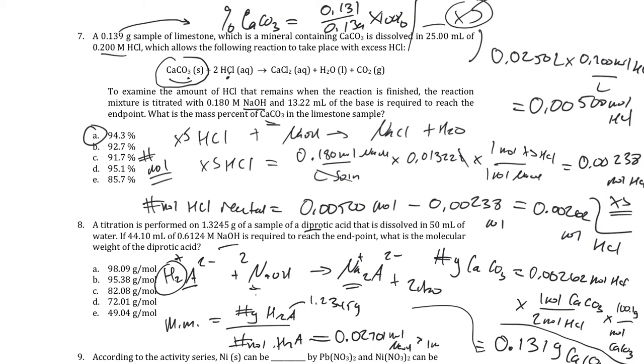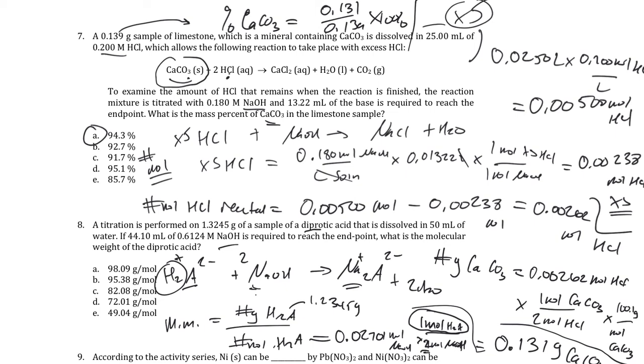Now for every 2 moles of NaOH that we had to add from the balanced reaction, there's 1 mole of H2A that was present. So I'm just simply dividing by 2, and I'm going to divide this number into 5 grams. Gives me a molecular weight of 370.3.